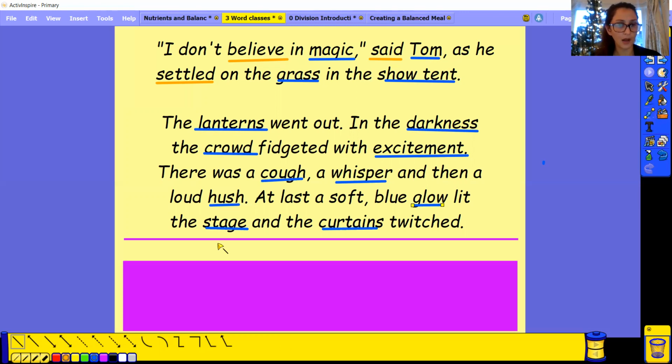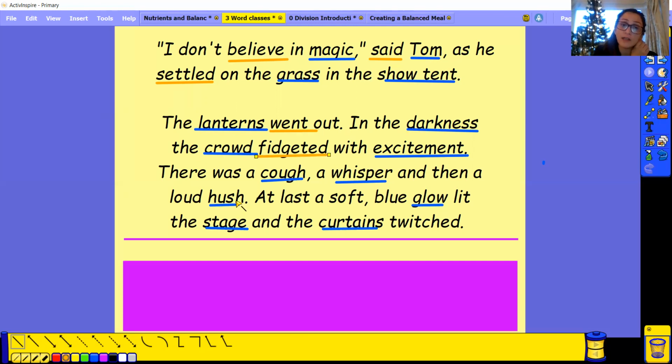So let's do our verbs, okay? Remember, verbs are the doing words, the action words. So we'll start again. The lanterns went out. Well done if you said went out, okay? In the darkness, the crowd fidgeted with excitement. So what's the action word there? Well done if you said fidgeted.